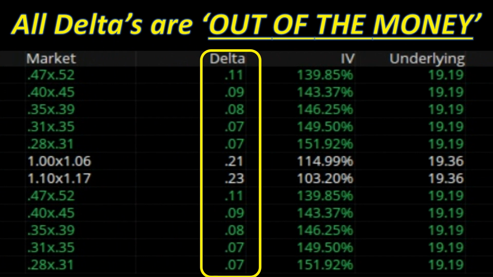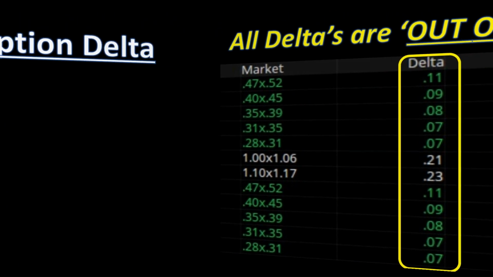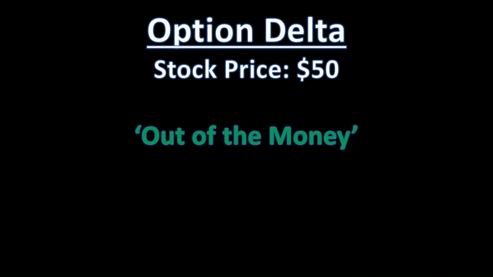Now, here's the delta, and all the deltas are out of the money. Wait, what does this mean? Well, this is the option delta. It's a measurement of the option contract. Now, let's take the average stock. It's $50 a share. Now, we have something called an out of the money option.